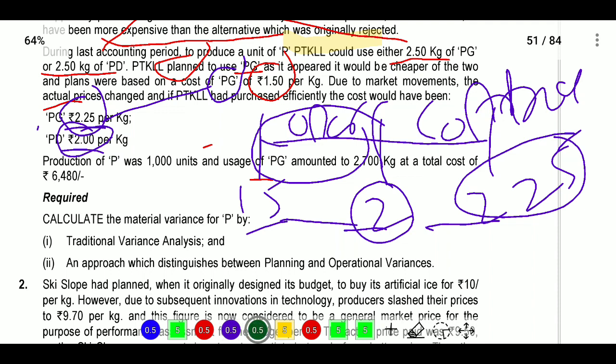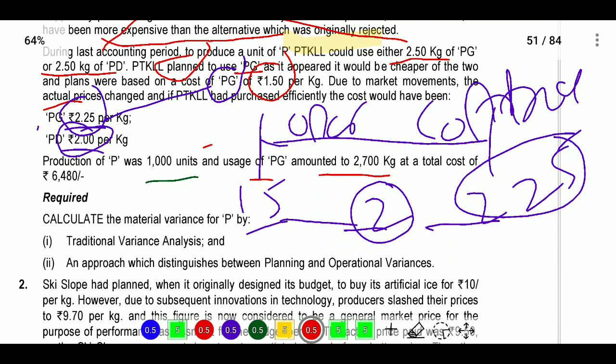Next, what we required. Now they provided that production was 1000 units. Usage of PG amounted to 2700 kgs at a cost of 6480.